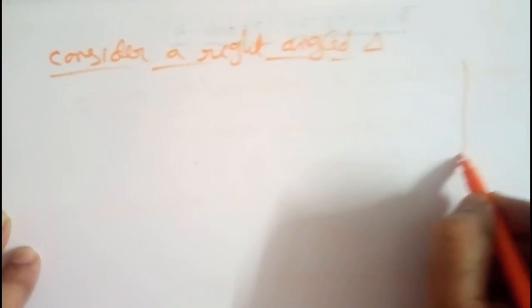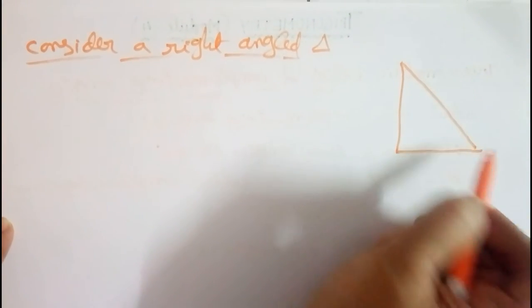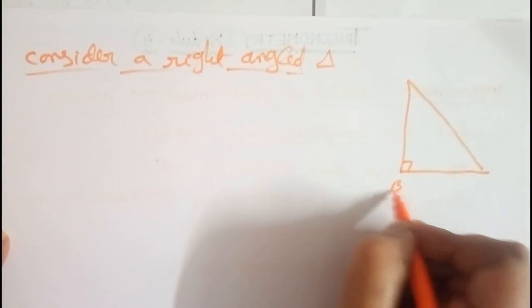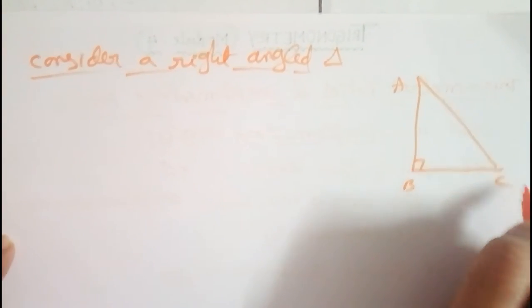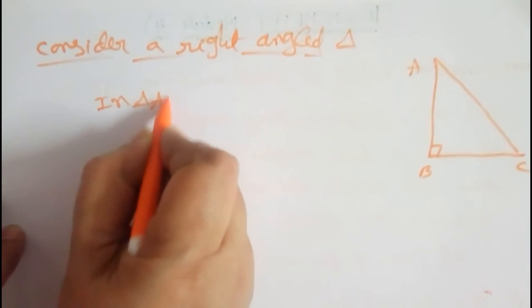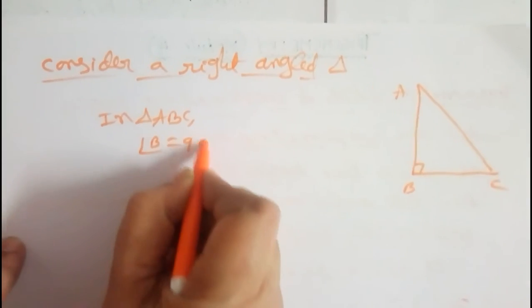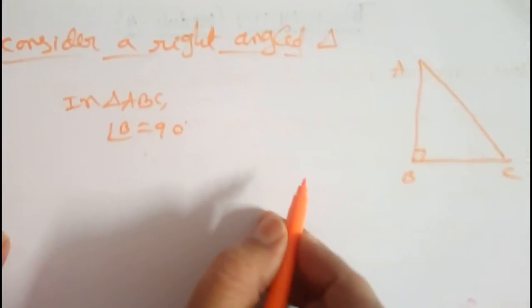It is a right angle triangle ABC, in which angle B is 90 degrees. Then what are the complementary angles here?